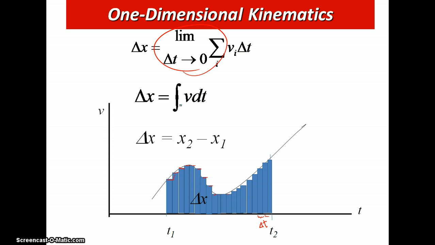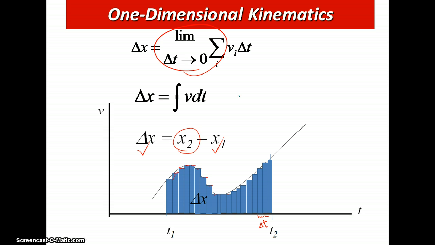To find the position, x2, we need to know the displacement, but we also need to know the position at the beginning of the interval. From this, given a graph of v versus t, we should be able to derive the graph of x versus t.